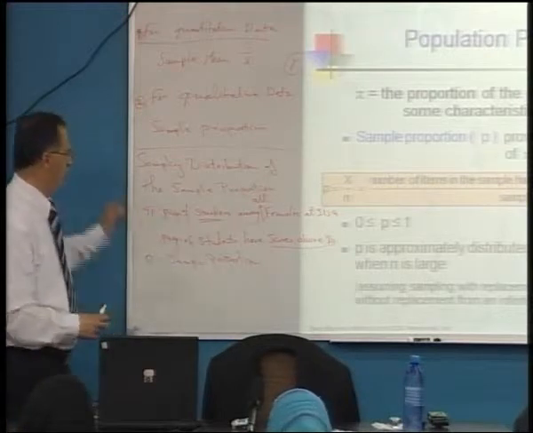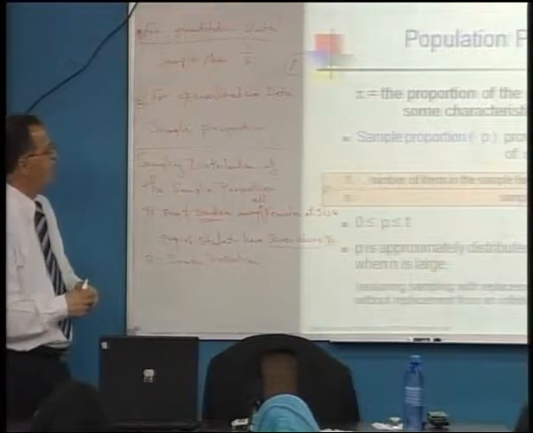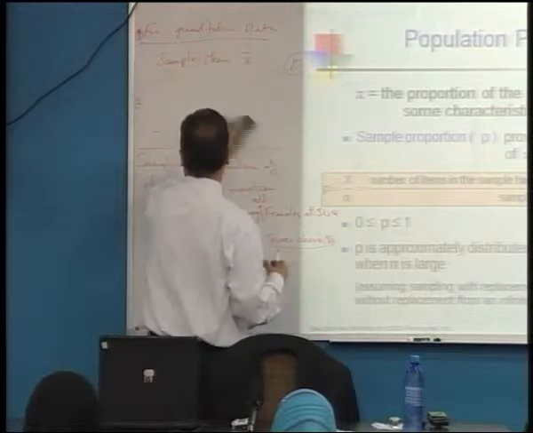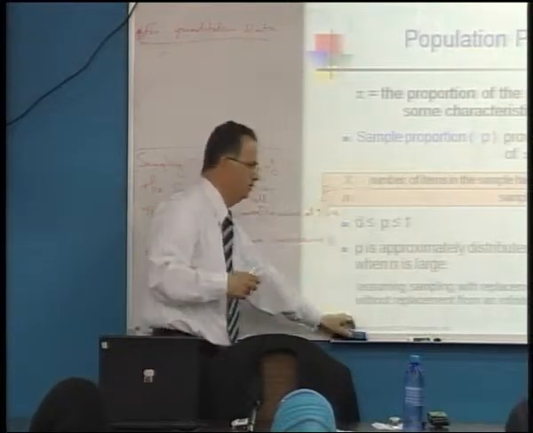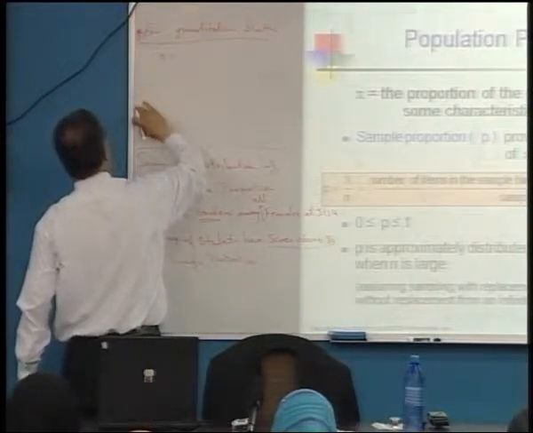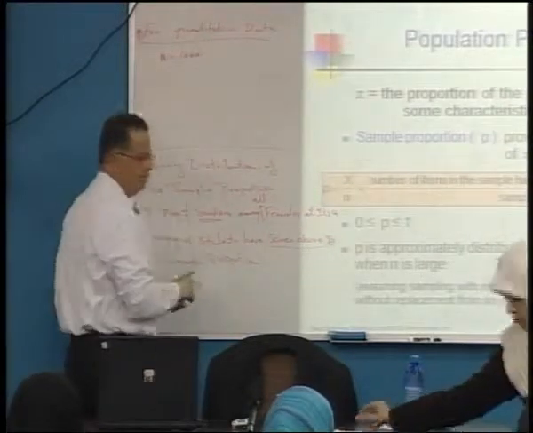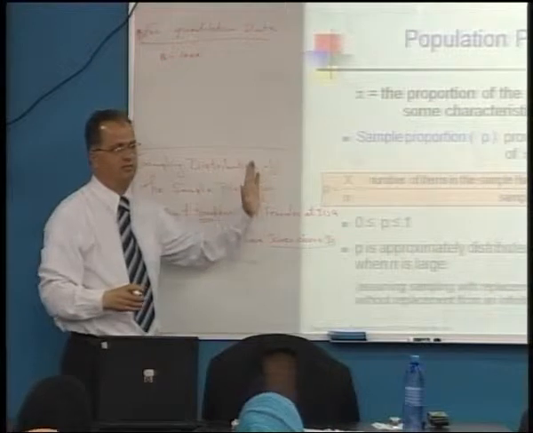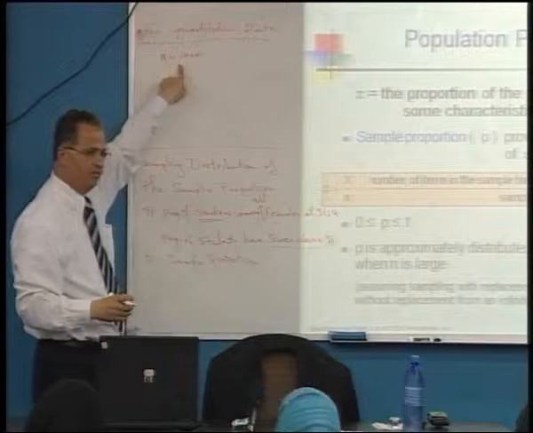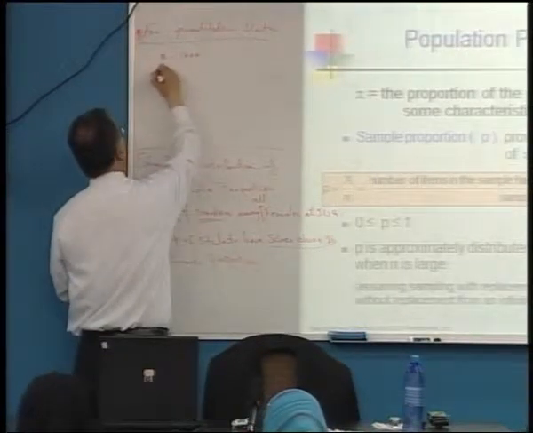Now, for example, let's go back to the proportion of smokers among all female students at IUG. We know that there are too many female students at IUG. Suppose we select a random sample of size 1,000. So that's the sample size.